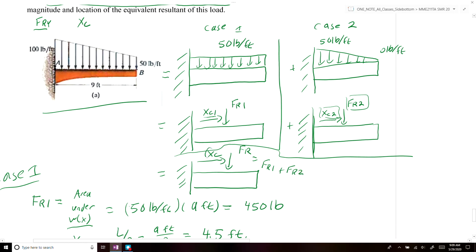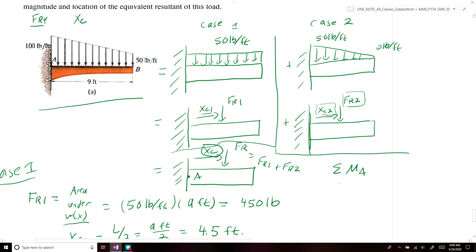And then to figure out where X of C was, we calculated the total moment about point A of our beam, and we divided by our total resultant force to get our X sub C. And that concludes this problem on finding the location and magnitude of the equivalent resultant force due to a distributed load.